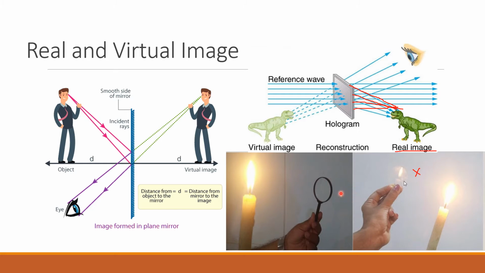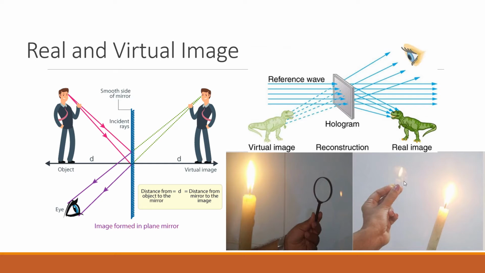Fine. Now in this case, when the light appears to be coming from behind the lens, actually there is no object behind the lens, but it appears that there is a candle behind this lens, isn't it?